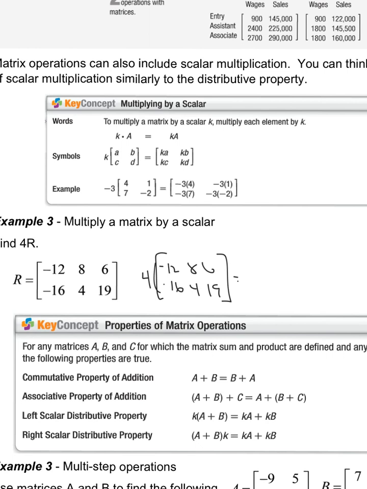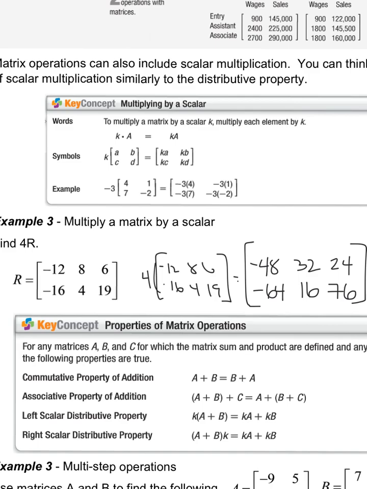All we're doing is multiplying everything by 4. So we have negative 48, 32, 24, negative 64, 16, and 76.